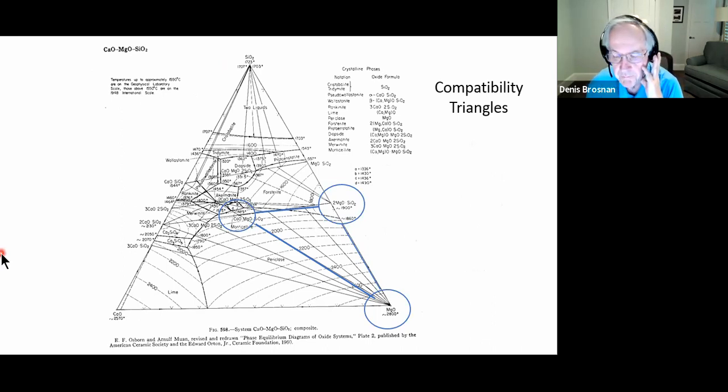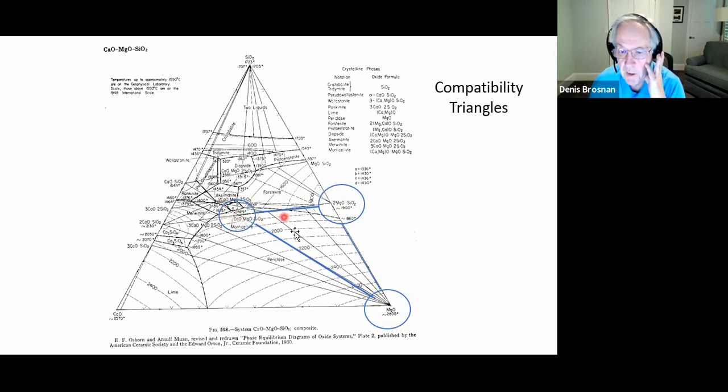Now, as I said, we are going to make something where my laser pointer symbol is down here close to the MgO axis. But I want to point out that there are various compatibility triangles. We're going to end up using the compatibility triangle between MgO, forsterite, the compound here, and monticellite, the compound that's right here.